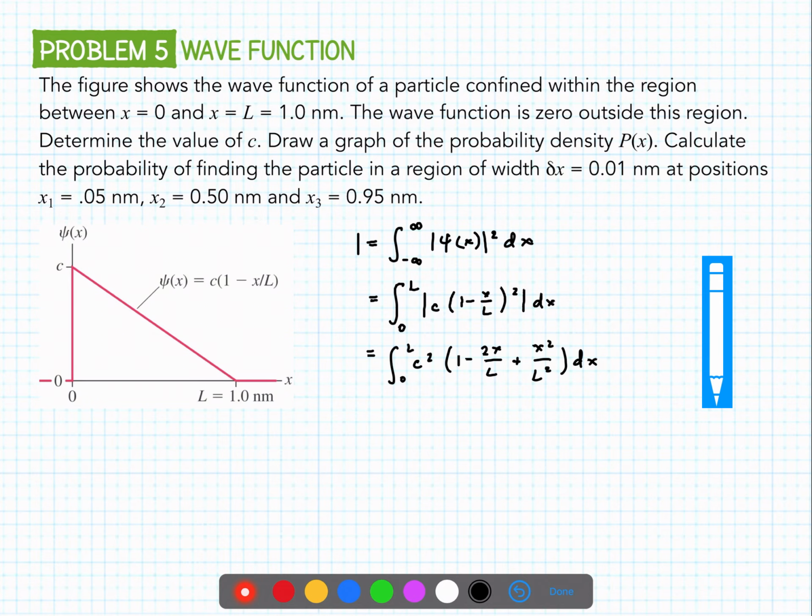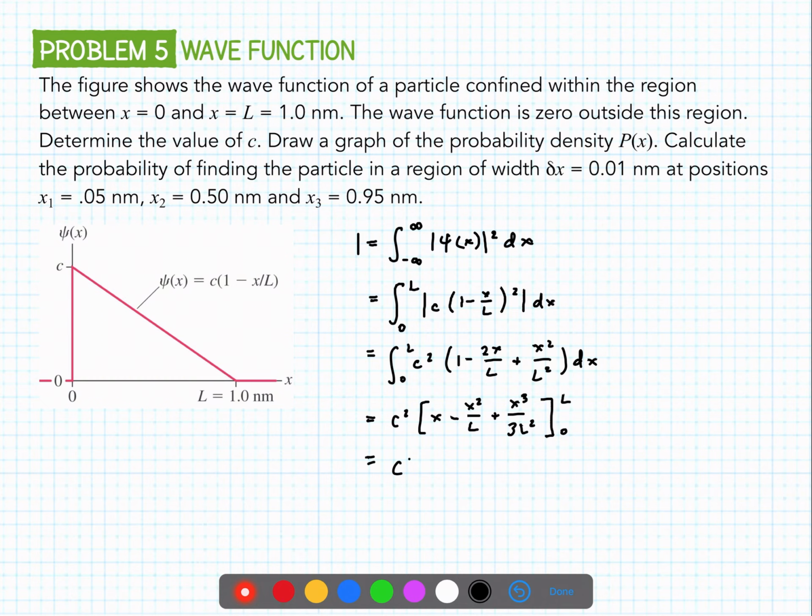All right, and then we can integrate this, so C squared gets pulled out. We have x minus x squared over L, because 2x integrates to x squared, and the 2 cancels with the 1/2, plus x cubed over 3L squared, from 0 to L.